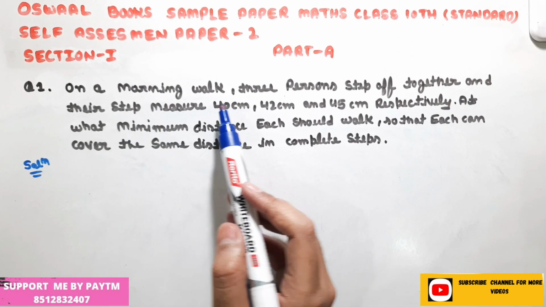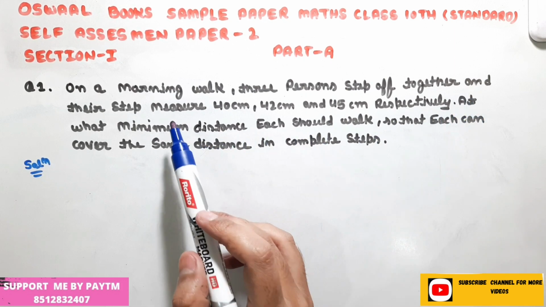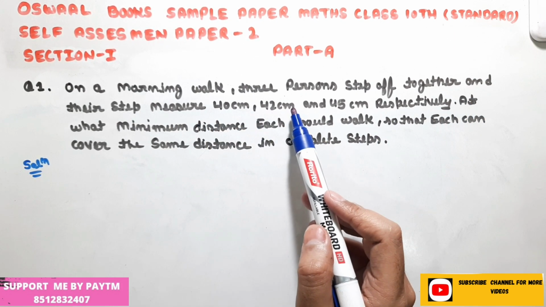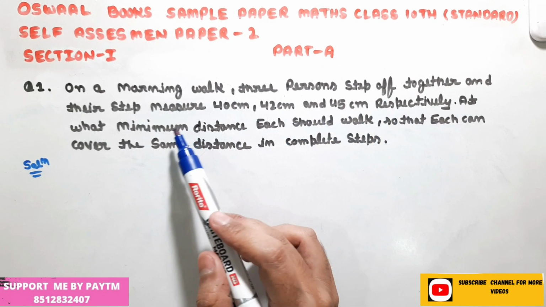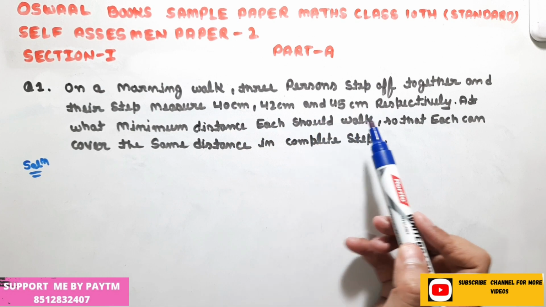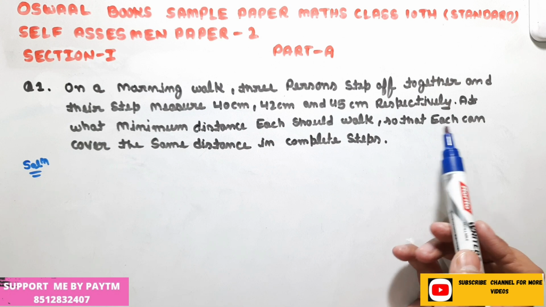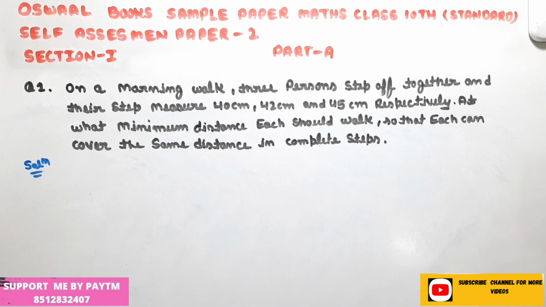On a morning walk, three persons step off together and their step measures are 40 centimeter, 42 centimeter and 45 centimeter respectively. At what minimum distance should each walk so that each can cover the same distance in complete steps?